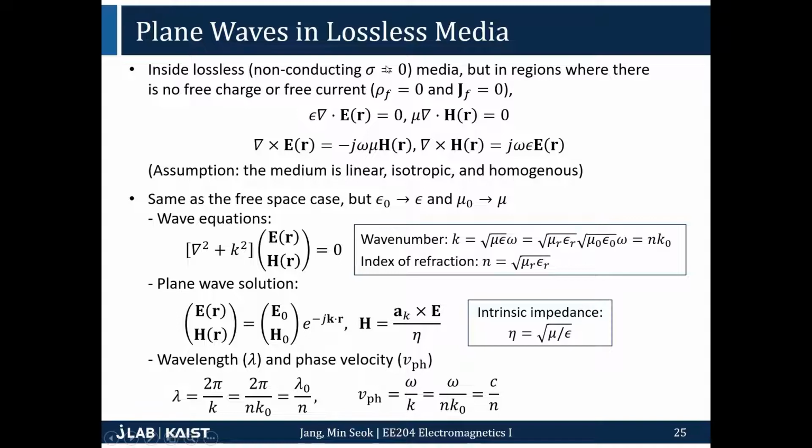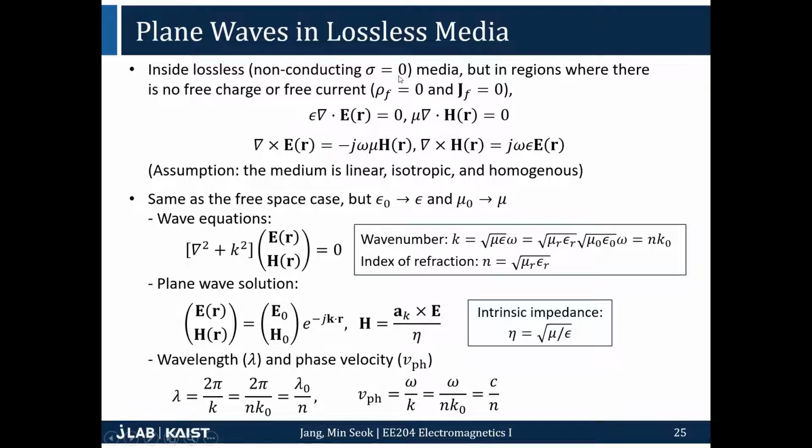Because if the conductivity is non-zero, then if you have an electric field, you have a current, because conductivity relates electric field to current, right? And if you have a current, then current produces heat. So that's an energy loss. When we say lossless material, that means sigma is 0. There's no conductivity at all.